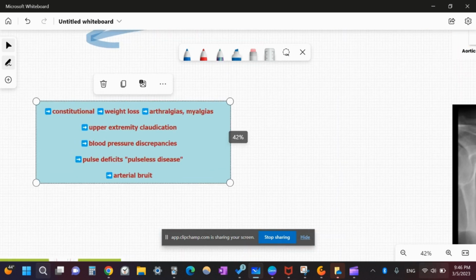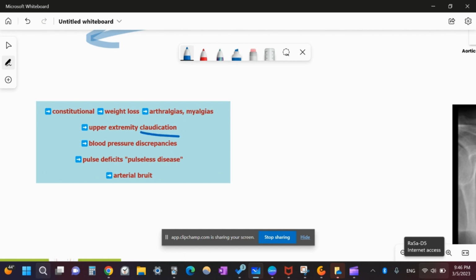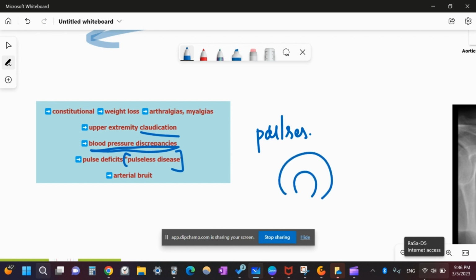So, like I said, they can have claudication. It's also called pulseless disease because when you take someone that's suffering from Takayasu and palpate their pulses, you're not going to feel the radial pulse as robustly as you would in a patient without the pathology. And there can be blood pressure discrepancies because there's no guarantee that the whole arch of aorta is going to be affected.